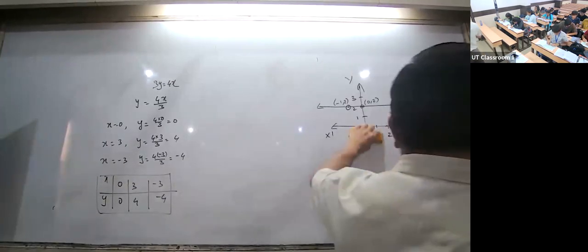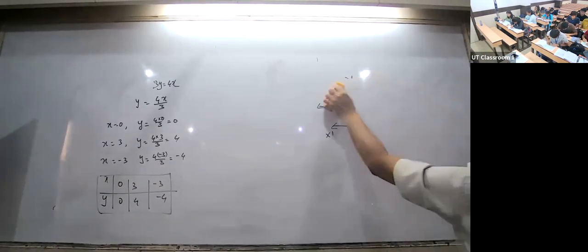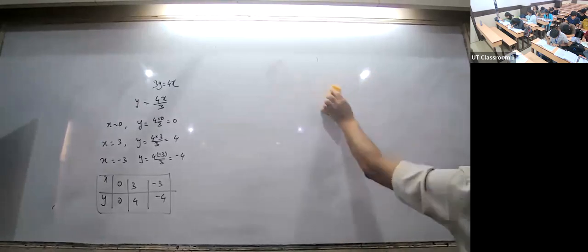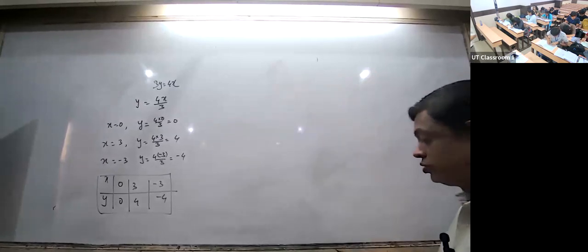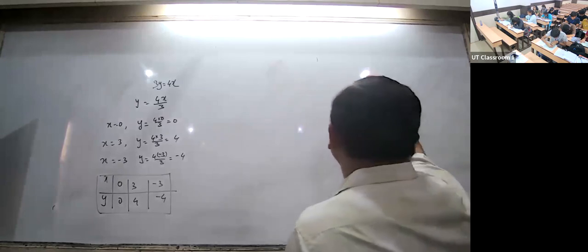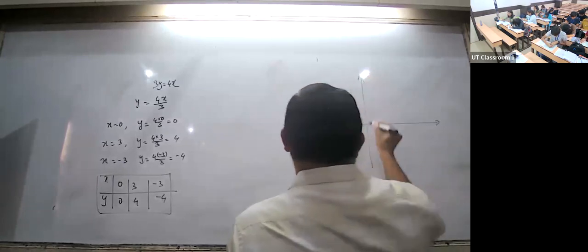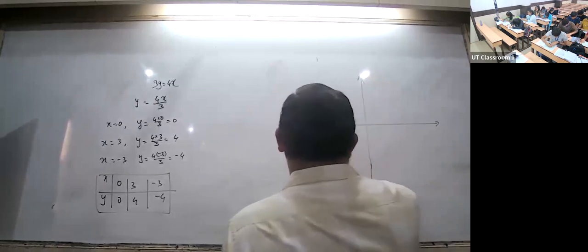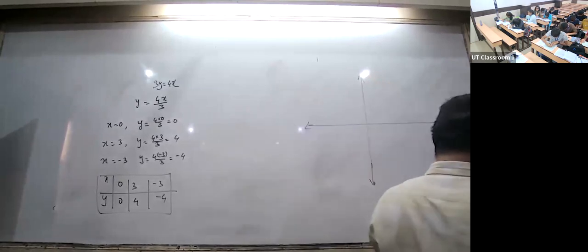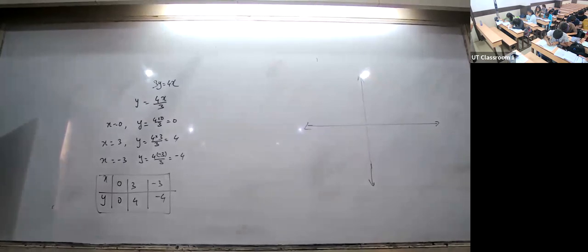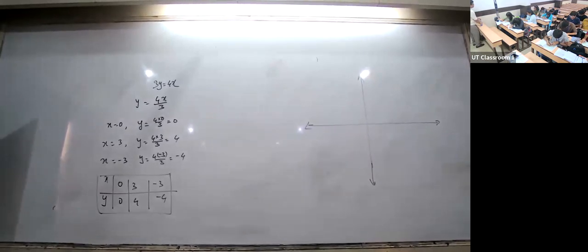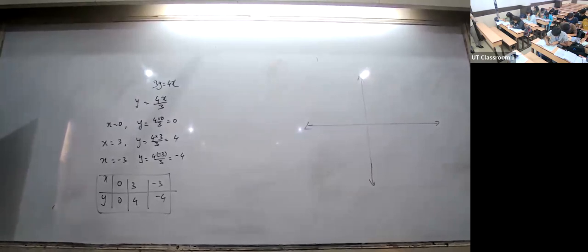Now you can see which values are needed. X values should be from minus 3 to 3, y values minus 4 to 4. So make an equal graph part, all four quadrants equally. Substitute. Mark it. Get the value. Renuka done. Fast. Diya done.